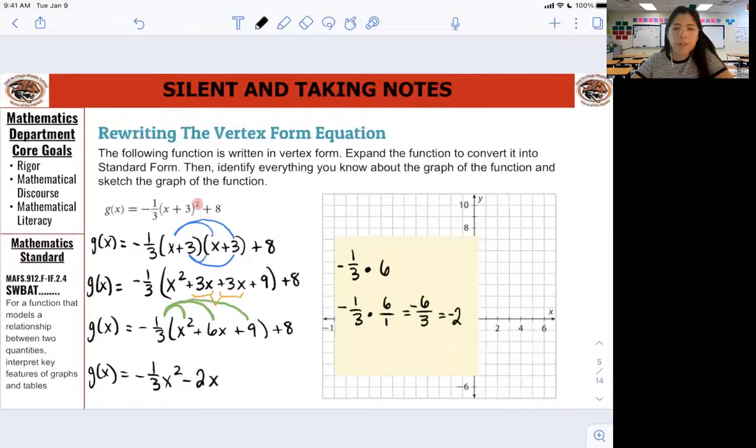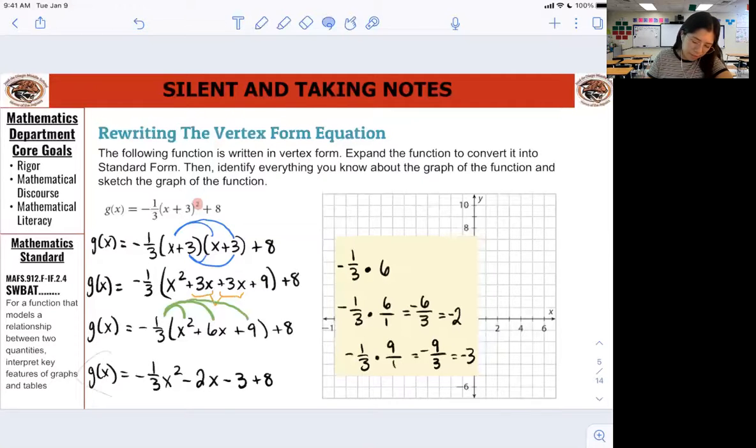How about negative 1/3 times 9? Negative 3. Same thing: negative 1/3 times 9 over 1. That's 9 divided by 3, negative, so that's negative 3. Okay, and now I bring down my positive 8 and put it all together.